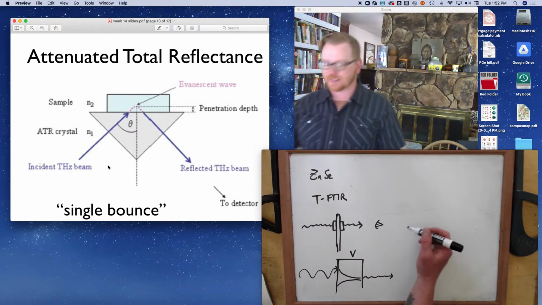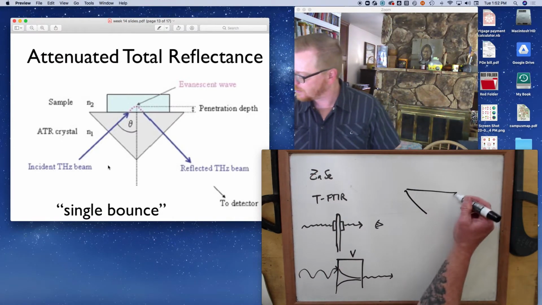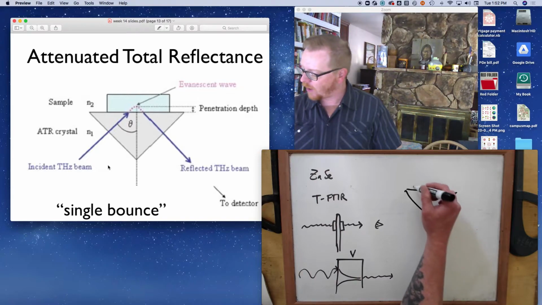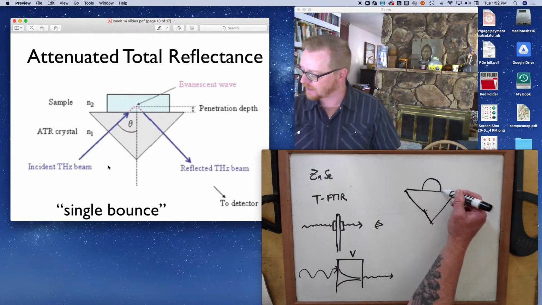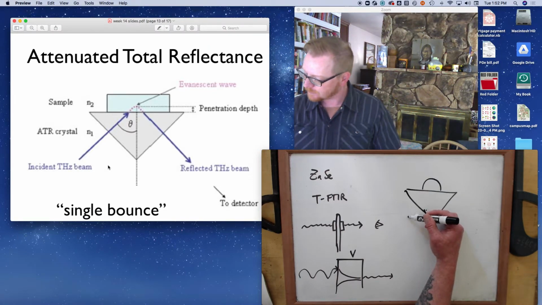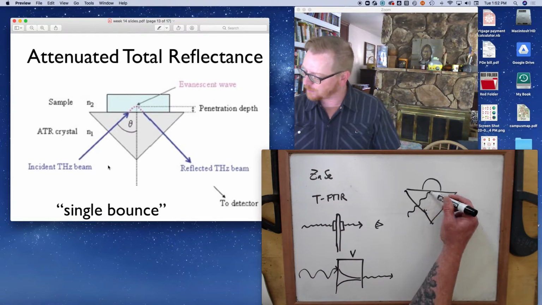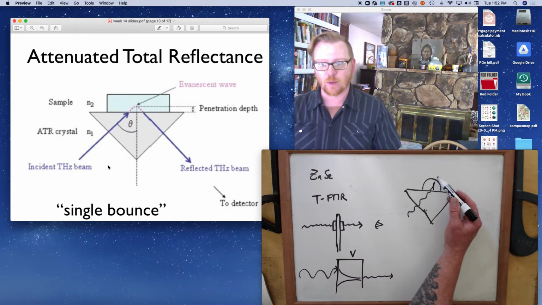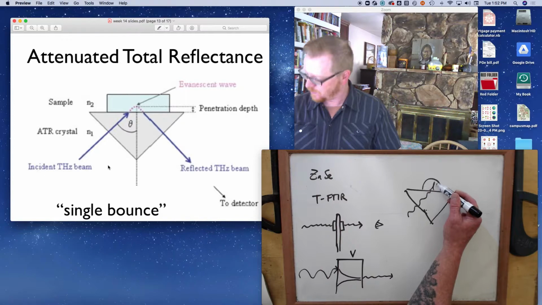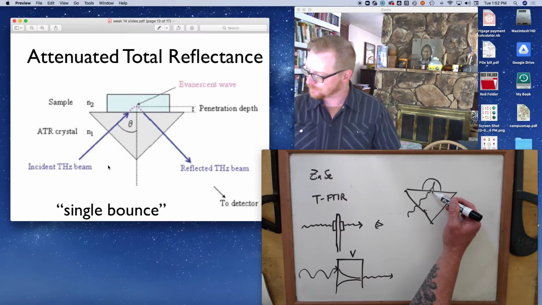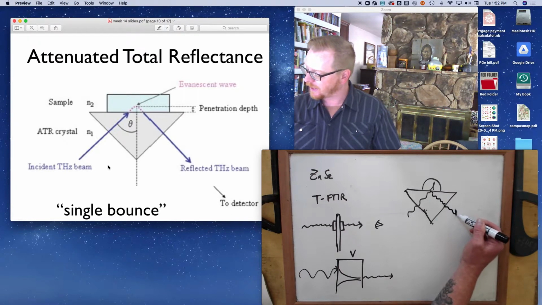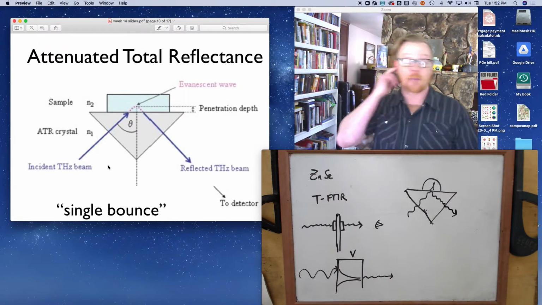So when we put this into this ATR, suppose this is our little liquid droplet. Our beam is coming in, and we're going to get this decaying evanescent wave that will actually be absorbed by the sample, and then on the crystal, you'll get a total internal reflection off of that boundary.